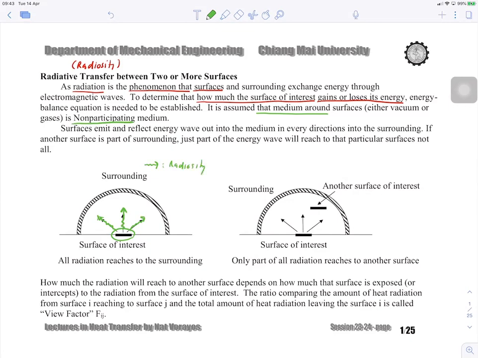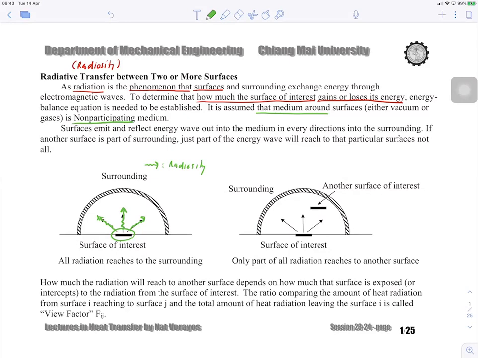If the surrounding encloses the surface itself, all of the green energy can arrive at the surrounding, meaning that the percentage of energy leaving the surface onto the surrounding would be 100%.